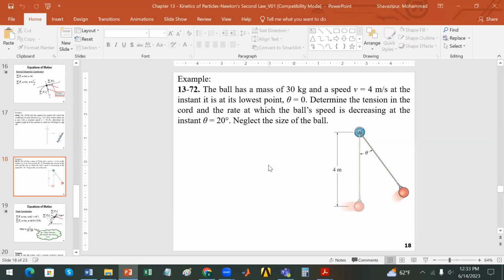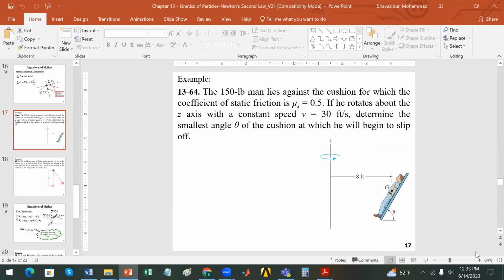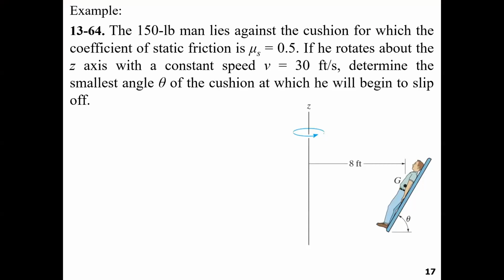Now, let's do one more example here, and that also comes back to the friction stuff. You have a guy lying down against a wall which has a variable angle, and this guy is going to rotate around this axis.